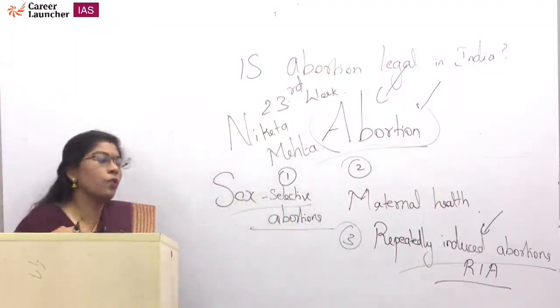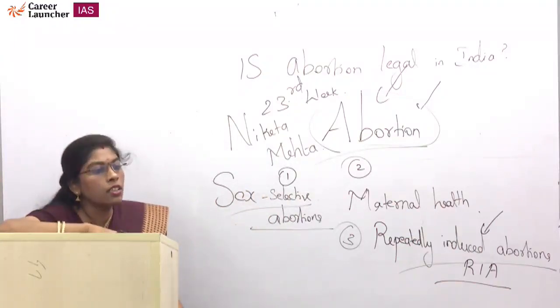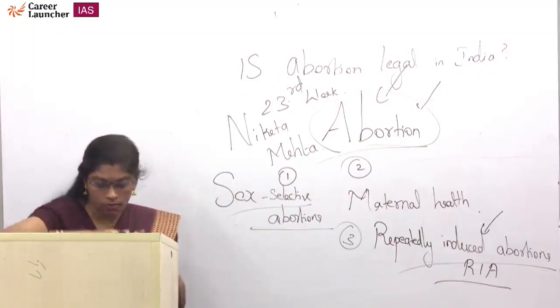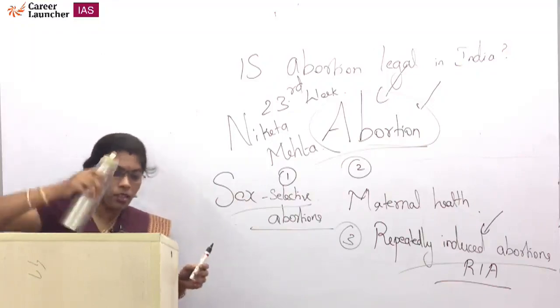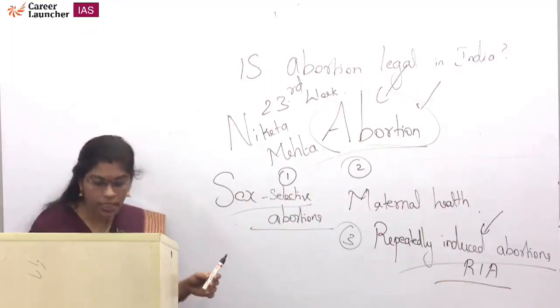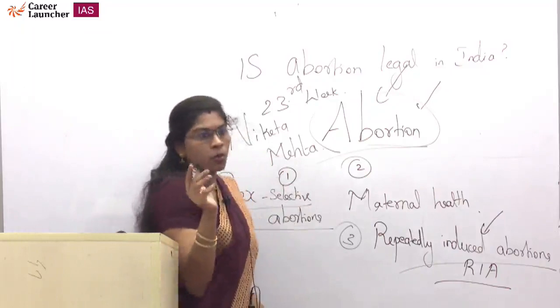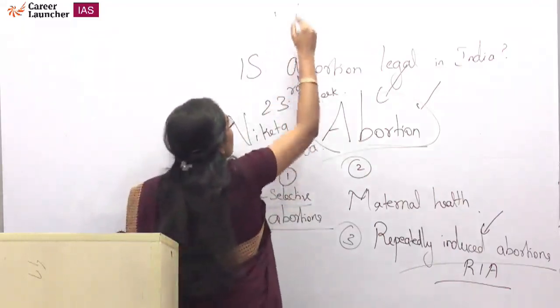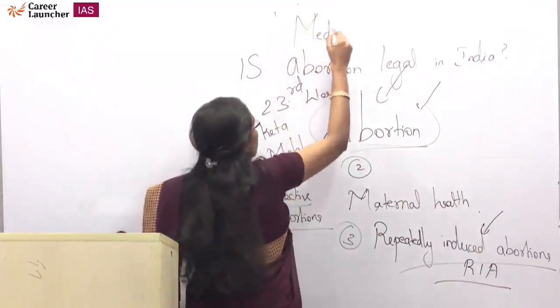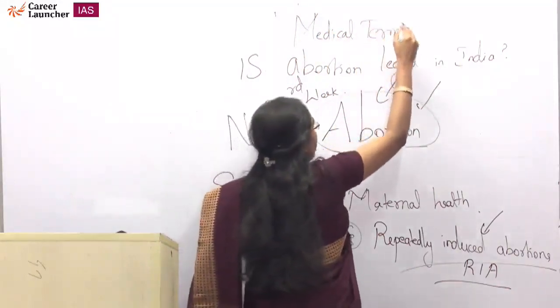How do we say a certain action is legal in India? There is no penalty as such laid down in the legislation, and it is allowed by the law. So what is the law which makes abortion legal in India? These are the backings you have to know for ethics also. The Medical Termination of Pregnancy Act.